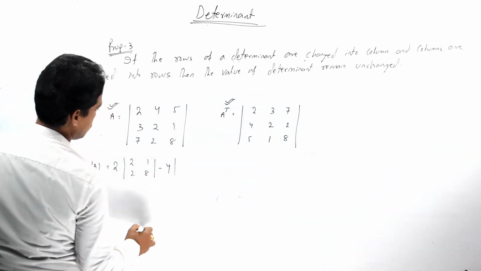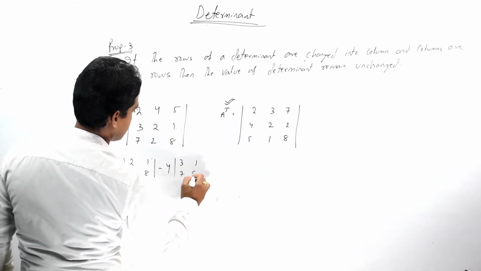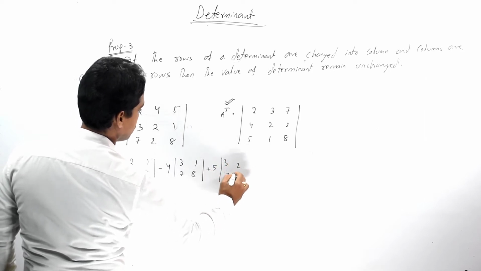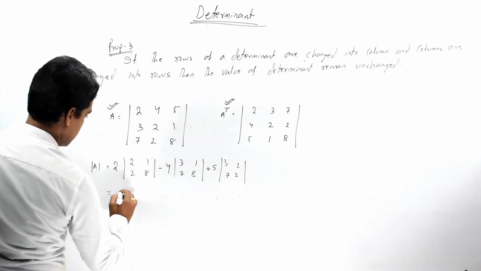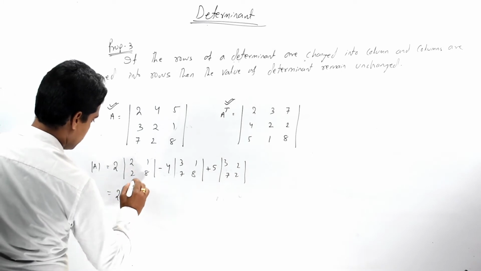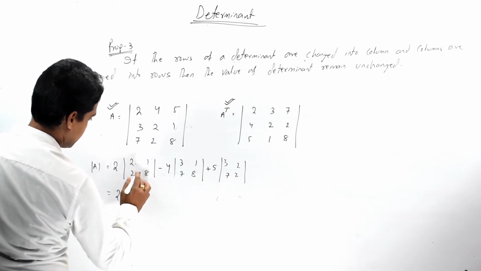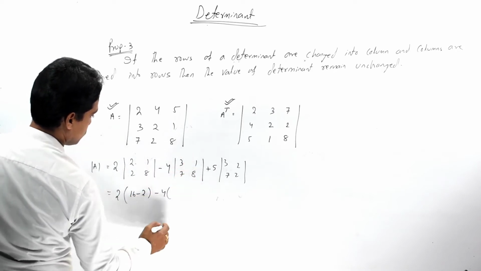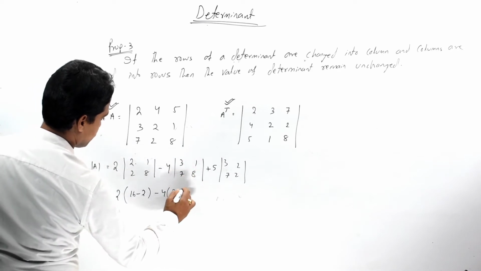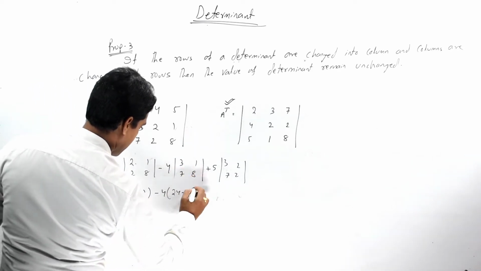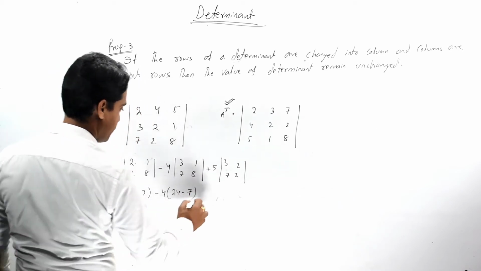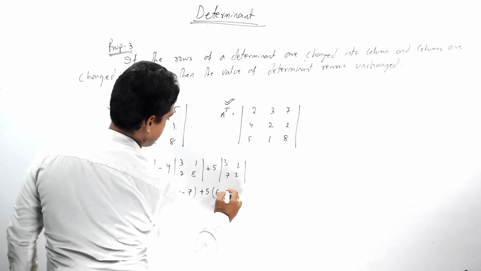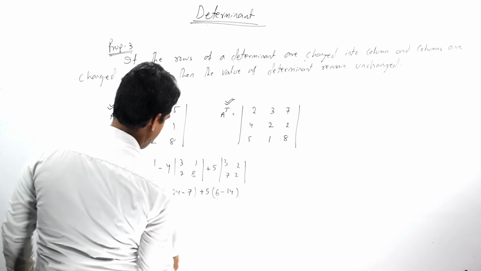that is 2 into the minor 2, 1, 2, 8, minus 4 into 3, 1, 7, 8, plus 5 into 3, 2, 7, 2. Then by simplifying: 2 into 2 into 8, that is 16, minus 2 into 1, 2; minus 4 into 3 into 8, that is 24, minus 7 into 1, 7; plus 5 into 3 into 2, that is 6, minus 7 into 2, 14.